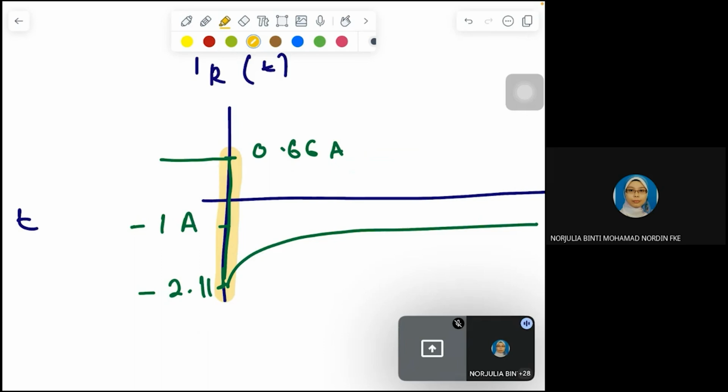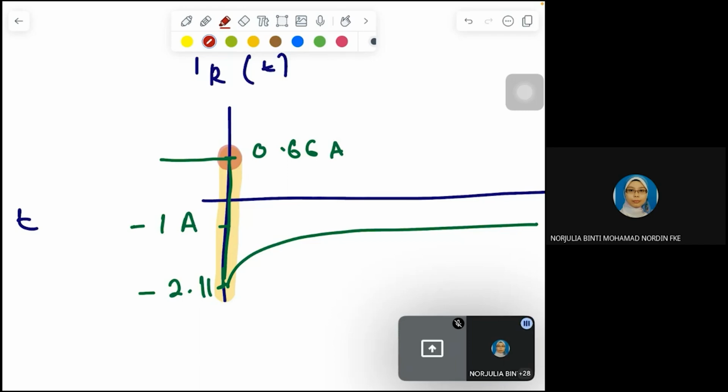Let me use the red one. At 0.66 m, this 0.66 m is happening when t equals 0.